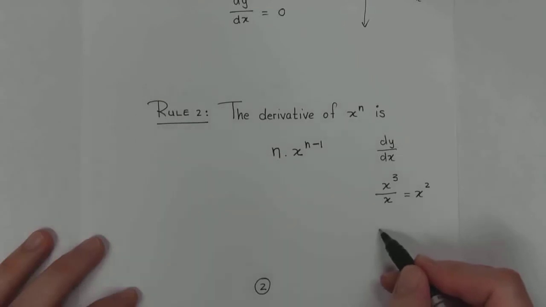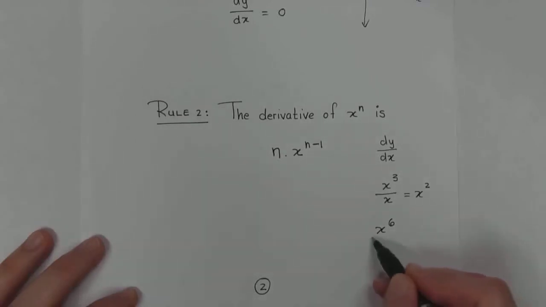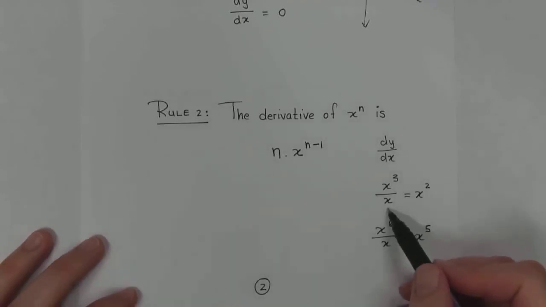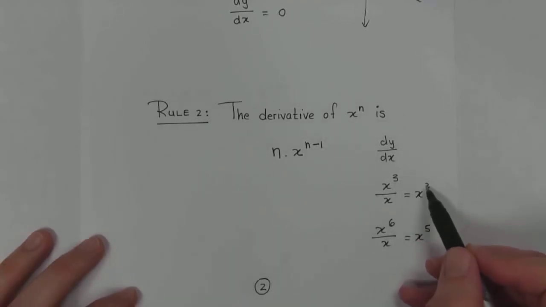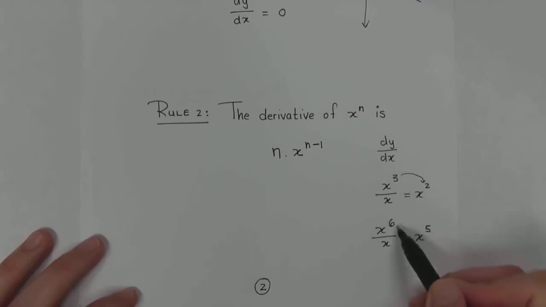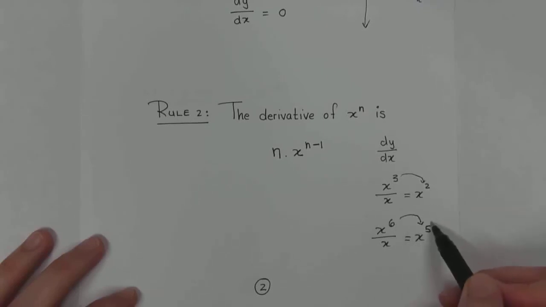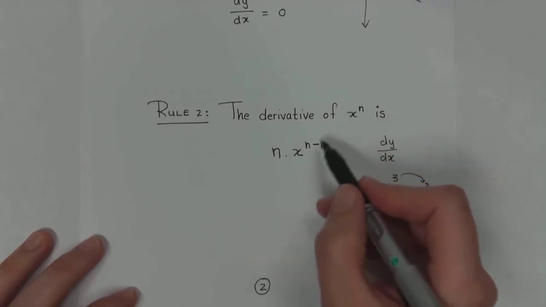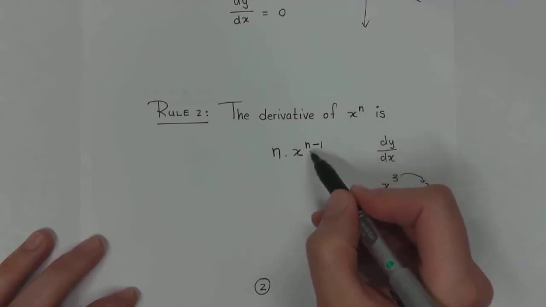If I say x to the power of 6 divided by x, I get x to the power of 5. So the moment we divide by an x, my exponent becomes 1 less. And that is why whenever I find the derivative of a function, the exponent has got to become 1 less.